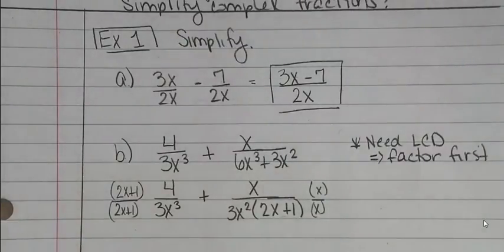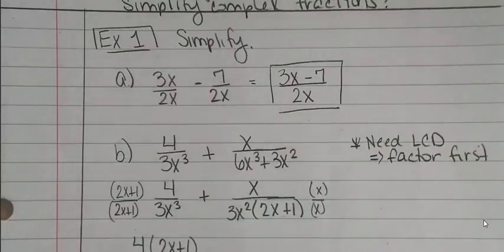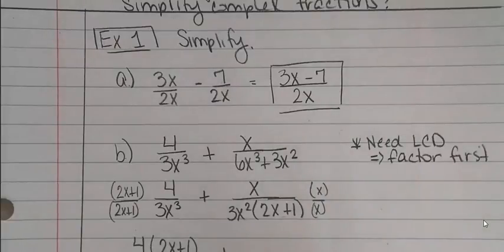Okay? So on this side, I'm going to end up with 4 times 2x plus 1. And what I'll do right now, I'll go ahead and write it out. 3x cubed times 2x plus 1. Now on this side, I'm going to have in the numerator x squared.